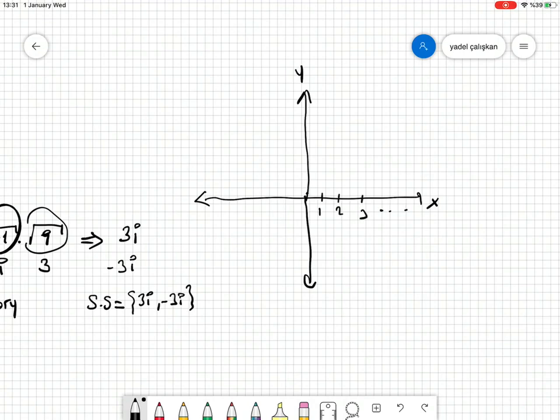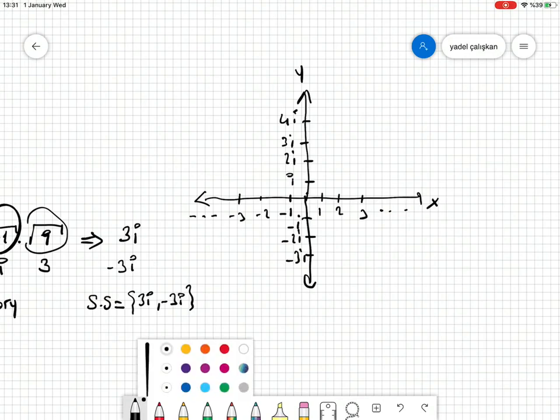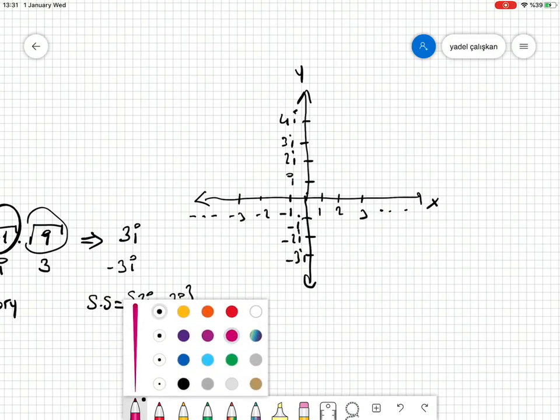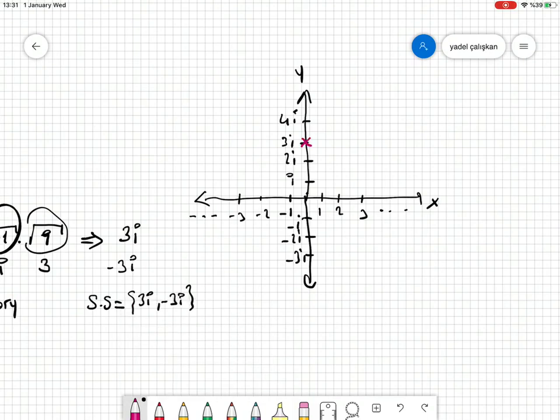Then 1, 2, 3, plus numbers, minus 1, minus 2, minus 3, minus numbers, i, 2i, 3i, 4i, and minus i, minus 2i, minus 3i. If we express 3i here and minus 3i here, outside of the number line, there is a place for them.